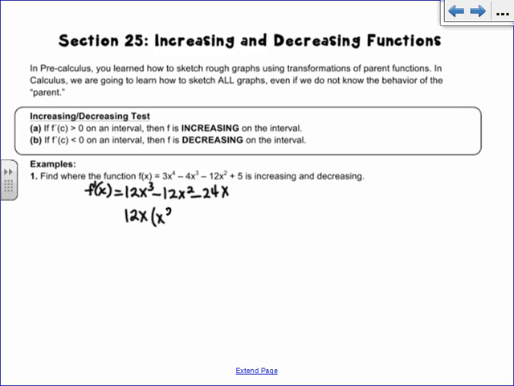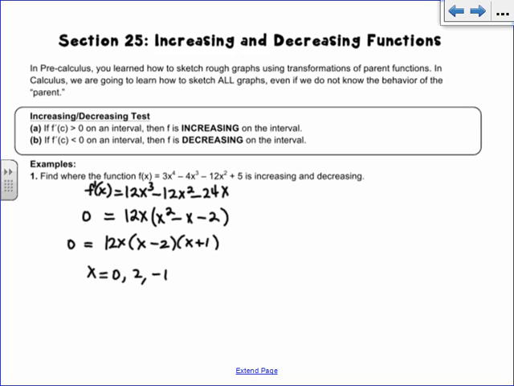So when we do that, we get x squared minus x minus 2, which then factors, because we're trying to find our critical values, just like we talked about last time. So when we have 12x times x minus 2 times x plus 1, we get x values of 0, 2, and negative 1. Those are what we call critical values.